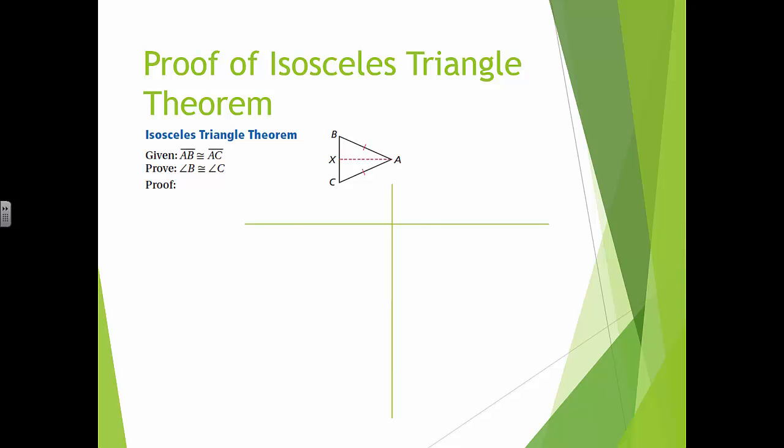So let's prove the isosceles triangle theorem. We have an isosceles triangle here, ABC, and we've drawn a line right down the middle through point X, breaking our isosceles triangle into two triangles. The very first thing we're told, step 1, is that AB is congruent to AC.